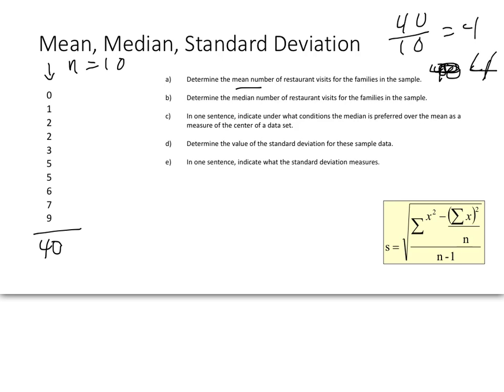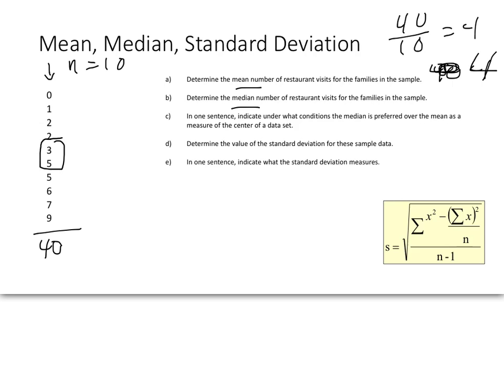Now the median. When we have our data points, we have 10, as you recall, and so if we were to divide this into 2, when we've got an even number of data points, the median is going to be the average between our 5th and 6th data point.